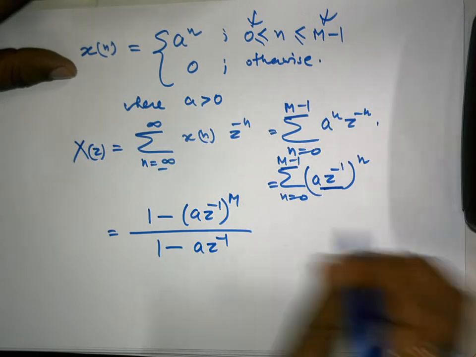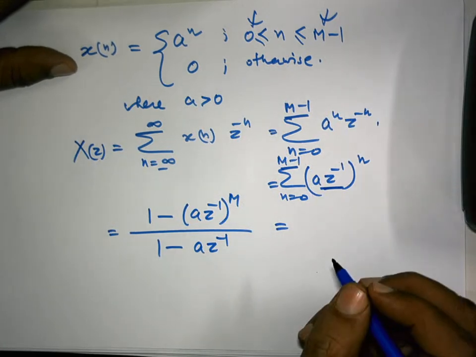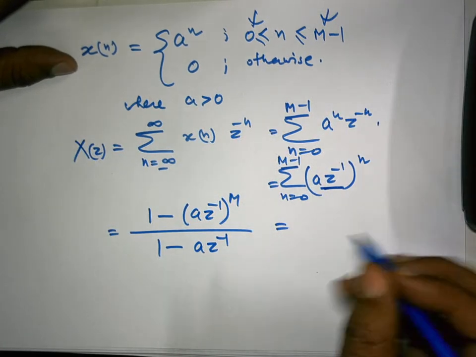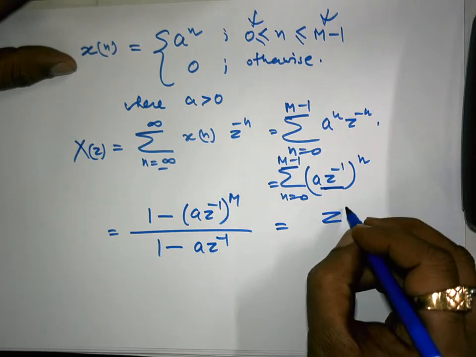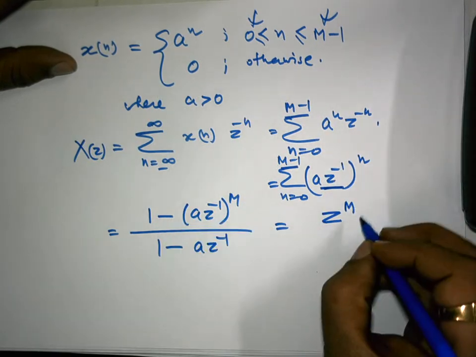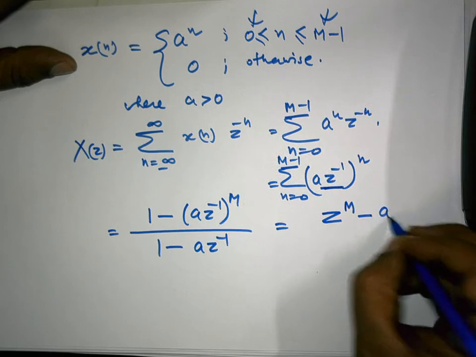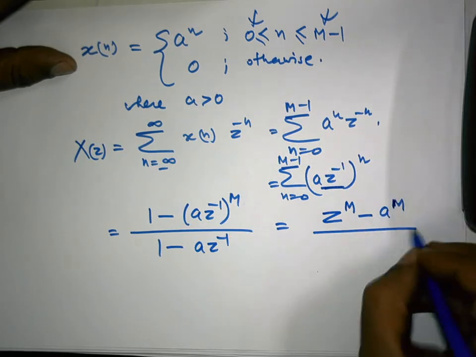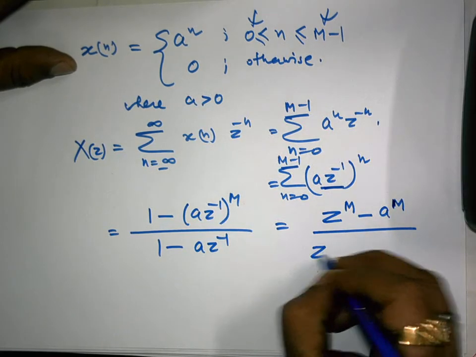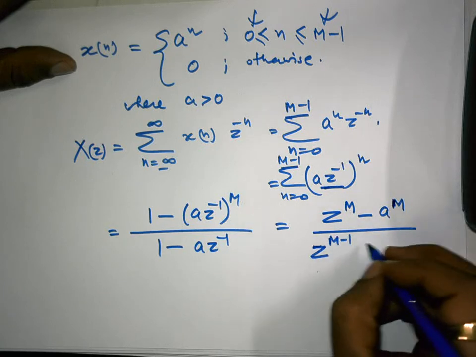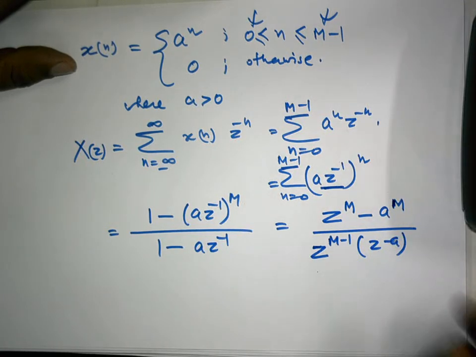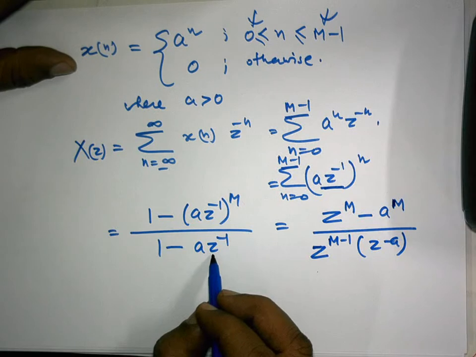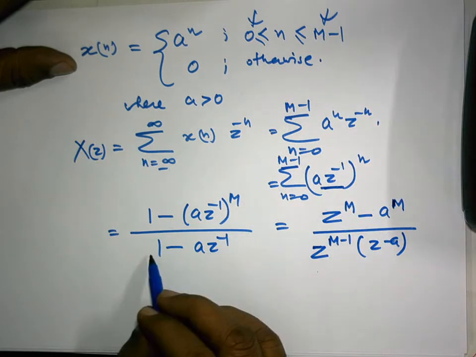Now, just by a simple mathematical manipulation, you can write it down that this is (z to the power M minus a to the power M) over (z to the power M minus 1 times (z minus a)). Okay. You will take this z to the power minus 1 outside.